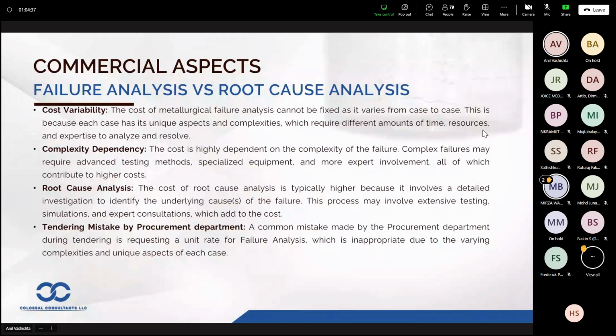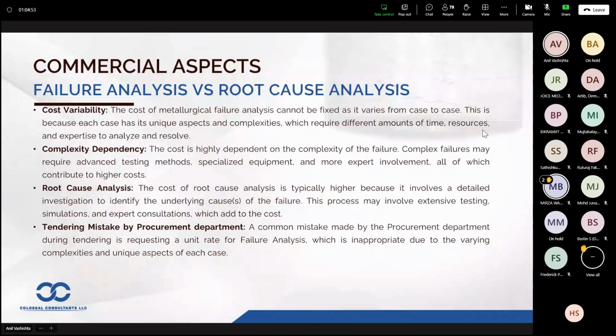The typical mistake of a procurement department is requesting unit rates of the different tests. As I said in the first case, there is cost variability.